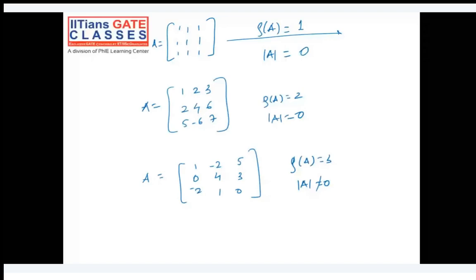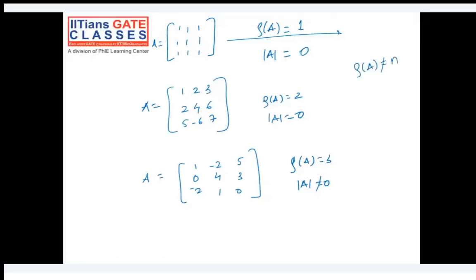Yes, Vishal, if determinant is 0, rank is not equal to the size. If rank of the matrix is not equal to the size of the matrix, then determinant will be 0, because at least one row of that matrix you can make 0. In that case there will not be n linearly independent equations.